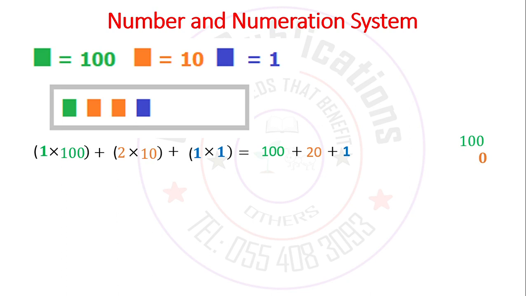Let's group them. So the 0 is in the ones position. Remember that we had 2 groups of 10 remaining 0. So 0 ones. So when we start from right to left, we have ones, tens, and the hundreds. This is not new to you. Remember our previous lesson.